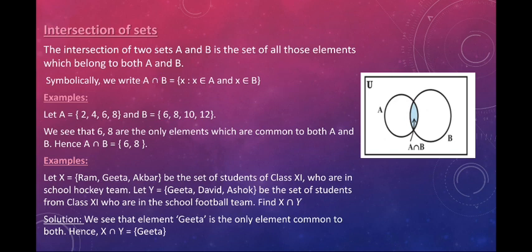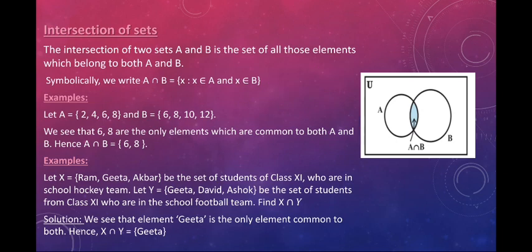So when you are applying intersection on two sets C and D, you will denote it by C intersection D.